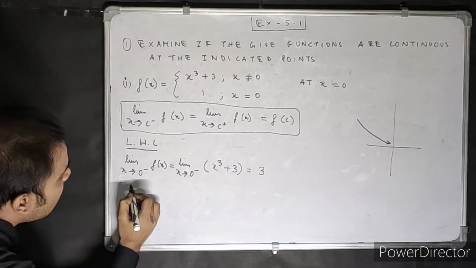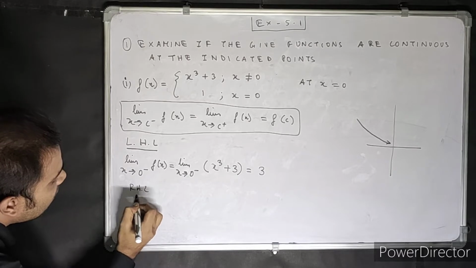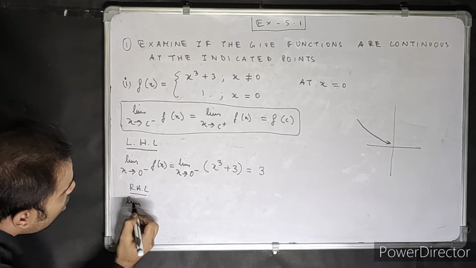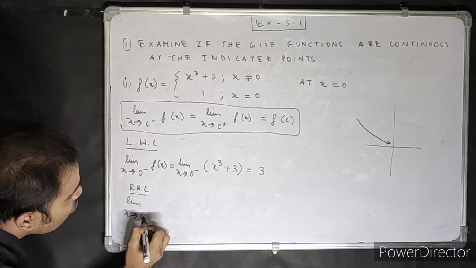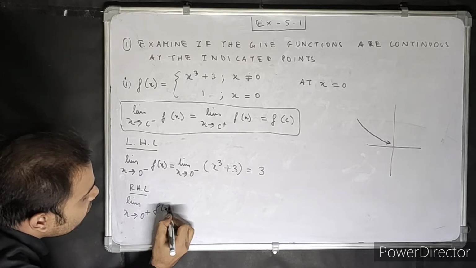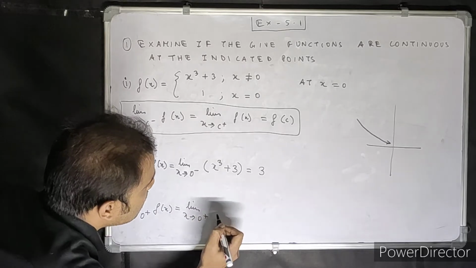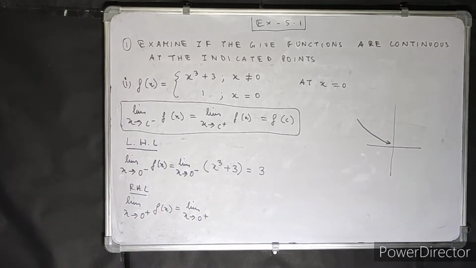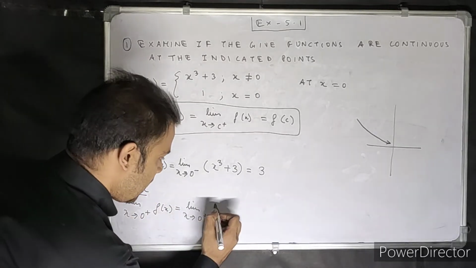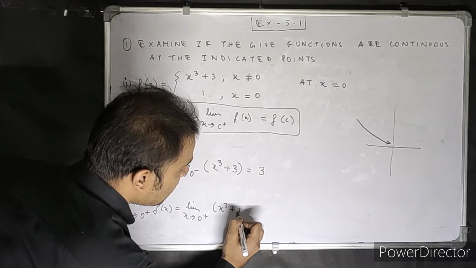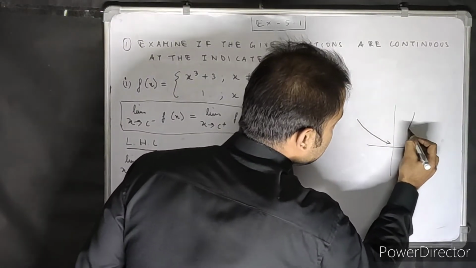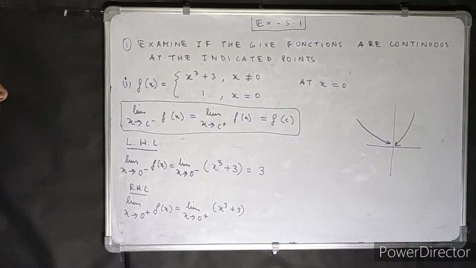Next is the right hand limit, RHL. That is limit of x tends to 0 positive, approaching from the right hand side. Now put 0. Which function are you going to use? Again the same one, because it is approaching 0 from the right hand side but didn't touch it.